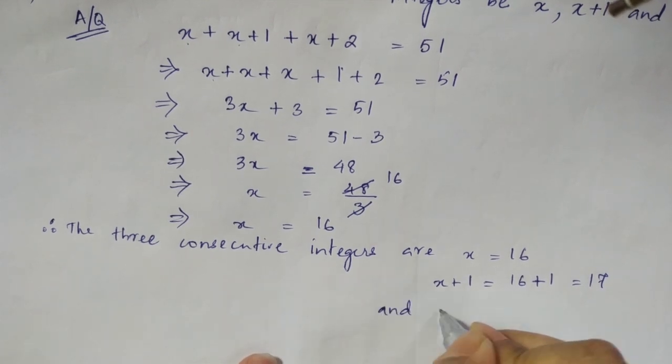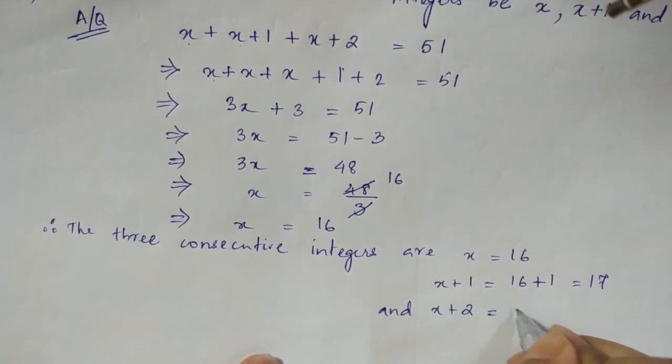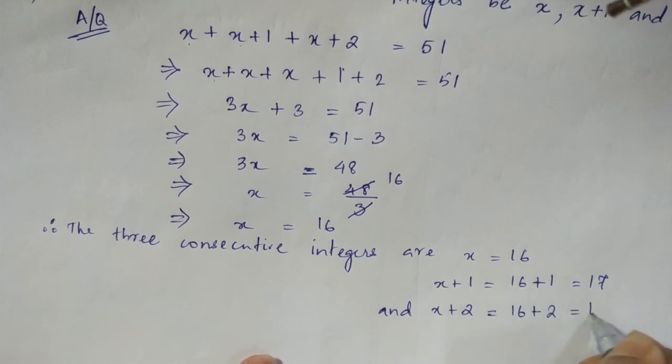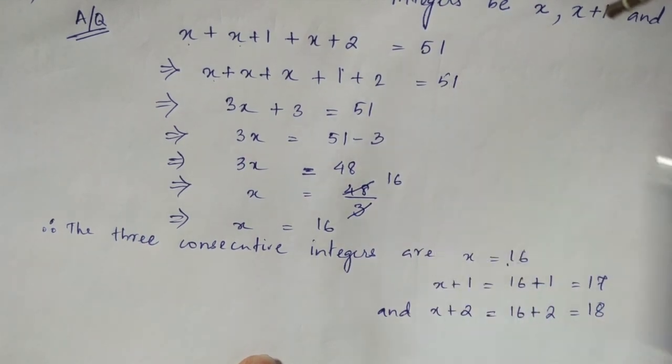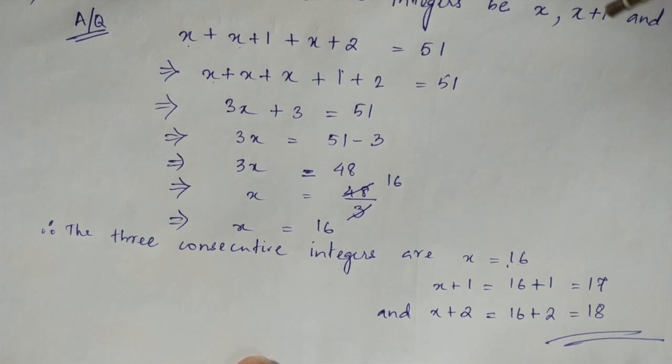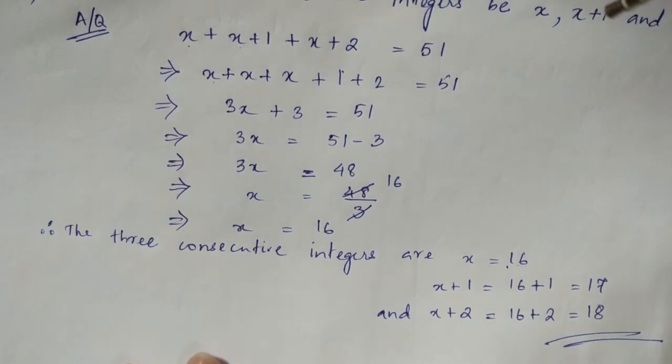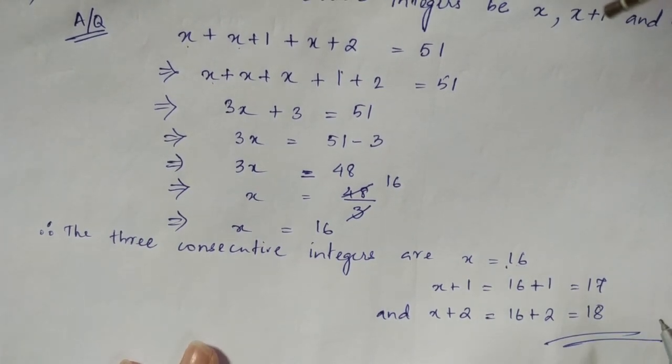And the third one is x plus 2, so 16 plus 2 will give me 18. Now you can see they are consecutive, 16, 17 and 18. And if you add these 3, you will get 51. So this is my answer. The 3 consecutive integers are 16, 17 and 18.